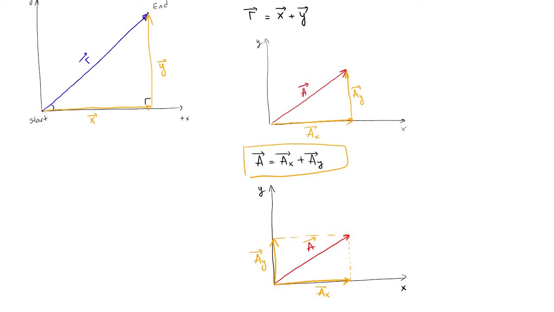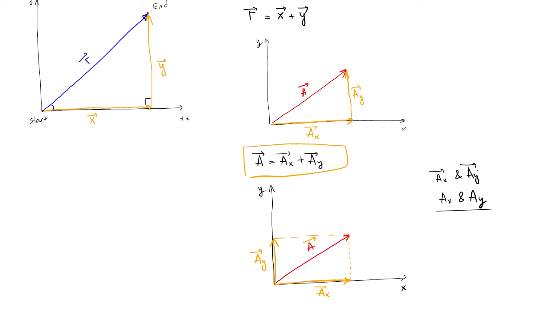It is often easier to work with the scalar components ax and ay instead of the vector components ax and ay. Usually scalar components are positive or negative numbers with units that are defined as follows.